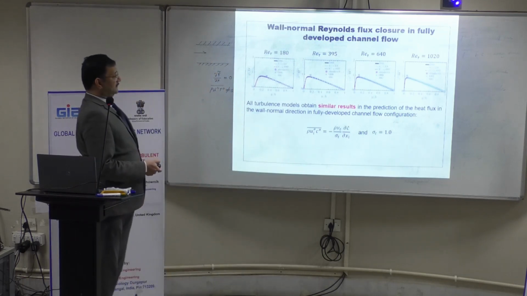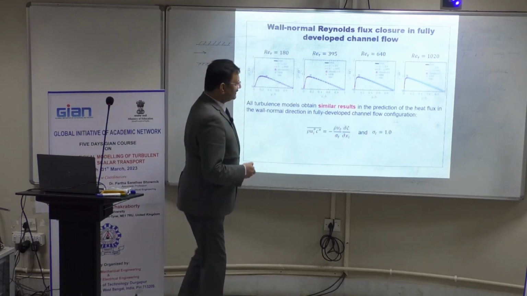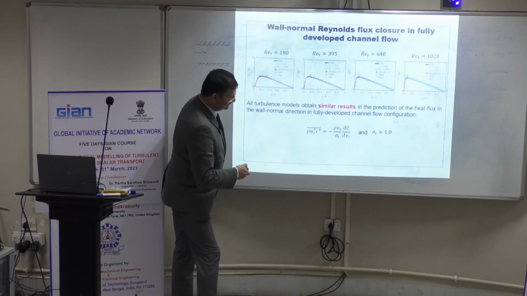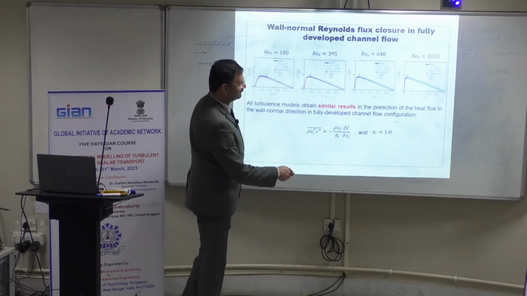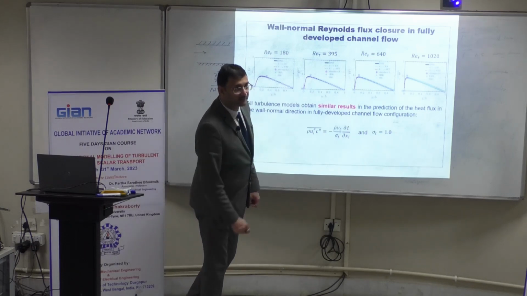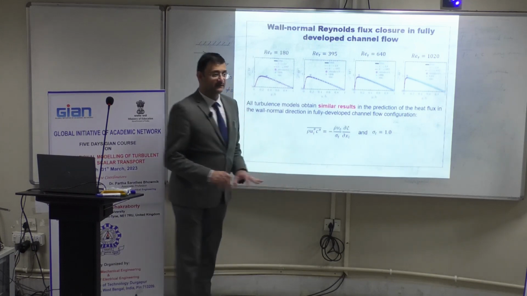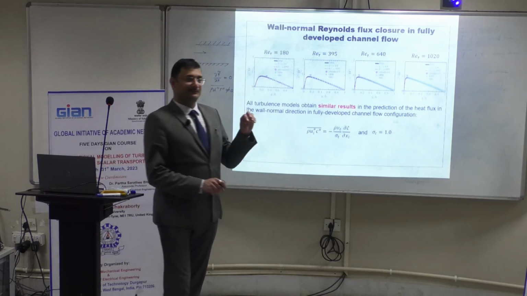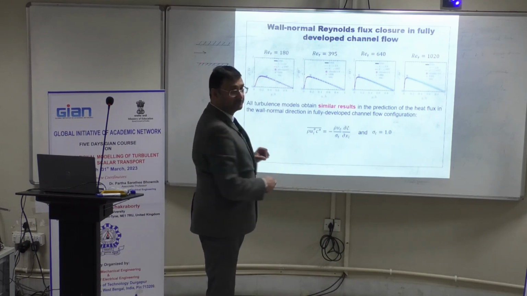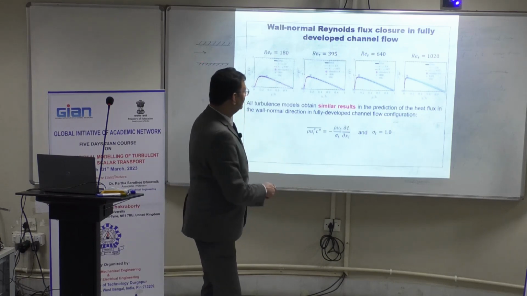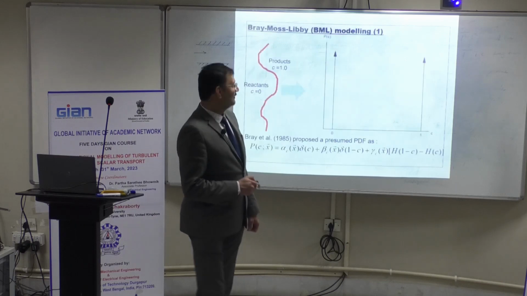Obviously, you can match things by changing this one, which is the turbulent Schmidt number, but for this purpose, we have kept it to be one. Clear? So, for a simple boundary layer problem like a channel flow, it's not bad.